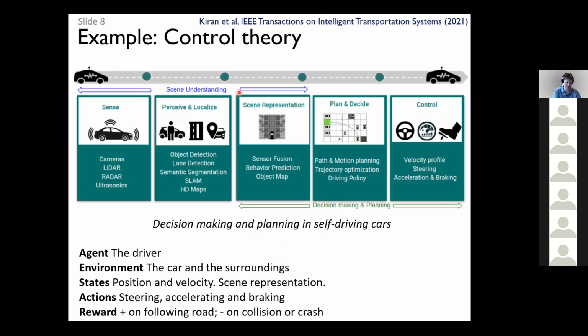That is, you somehow have different measurement devices that give you some information about your surroundings. And by taking the actions of steering, accelerating, and braking, you want to achieve some goal, which would be to follow the road to get to some target and crash as little as possible on the way.